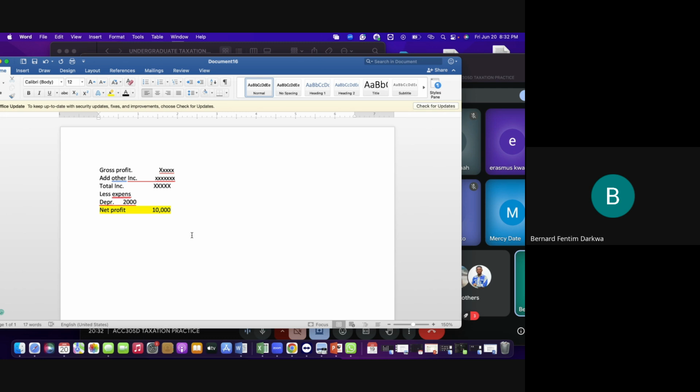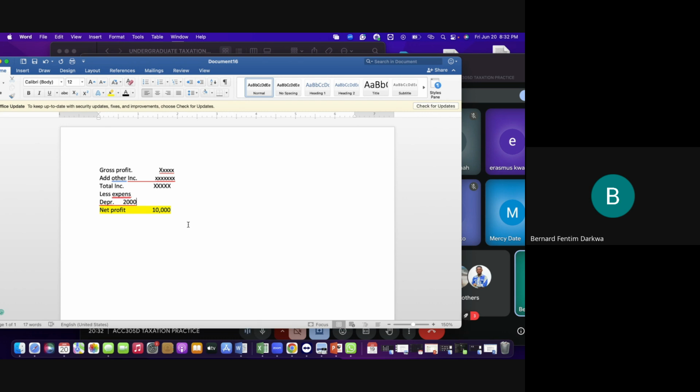For tax purposes, the amount of depreciation that you have charged will be added to the net profit that you have reported. Always, for tax purposes, if you want to calculate tax for companies or sole proprietors or partnerships, you add back the depreciation component to the net profit you have reported.